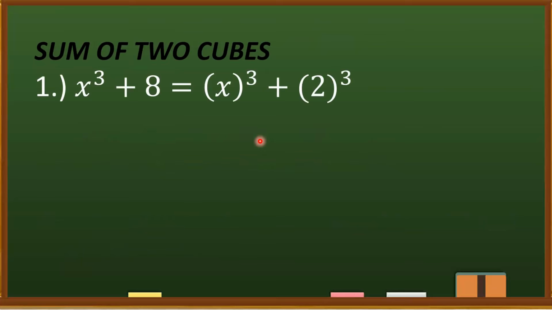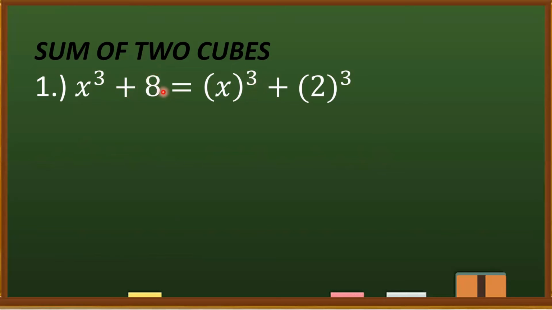Okay, so let us answer this example. So we have x cubed plus 8. So bakit meron tayong x cubed here and then 2 cubed? Okay, so actually inano lang natin to. Finactor lang natin yung x cubed and 8. The cube root of x cubed is x, and then nilabas lang natin yung cube.